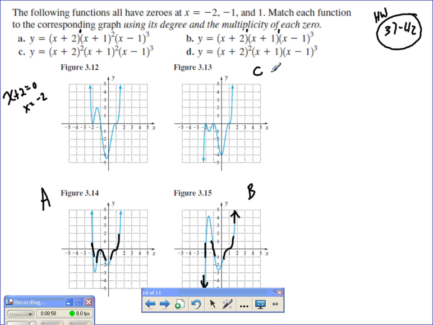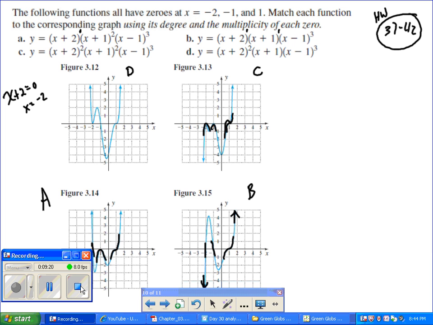This one's definitely C, and working through it, this one's definitely D. All right, C at -2 bounces off, at -1 bounces off, at 1 it's got a little bend. Sorry, not a jump. All right, and that one's D. Let me save that, and we'll continue in a moment.